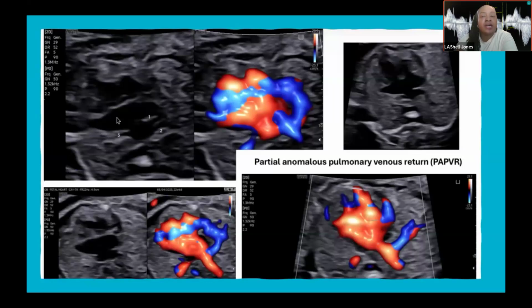They were kind of overwhelmed with the other heart defects, as you can see, happening within the heart, that they didn't even bother seeing if the veins were attached to the atriums, because this was a complex case of a ton of congenital heart issues within this one heart. So there were other things going on as well, but you still want to assess the entire heart, and the pulmonary veins are included in that assessment.